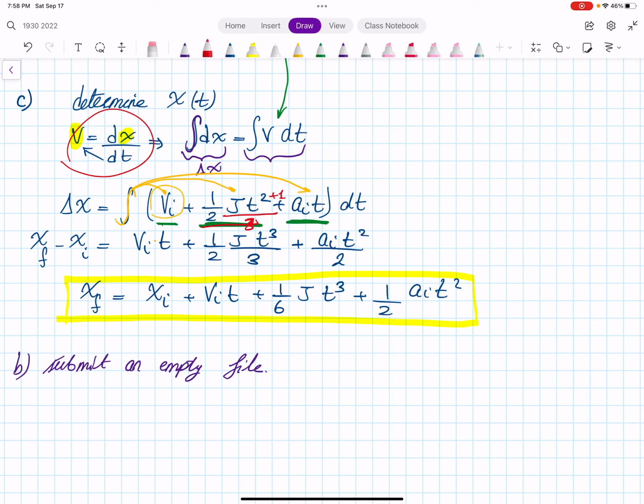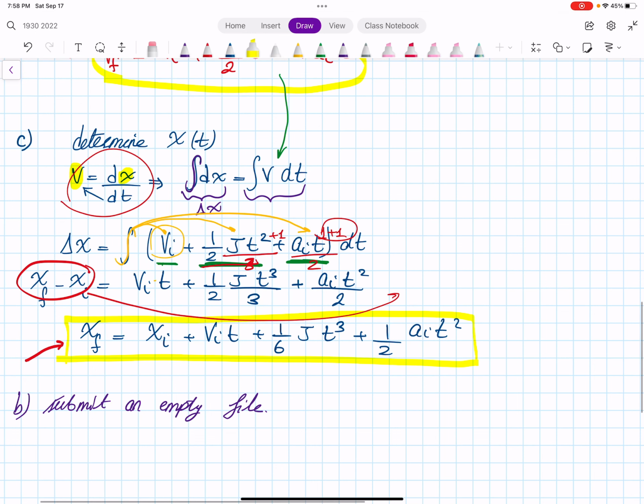So you have jt cubed divided by 3. Plus, how do you integrate a sub I t? t raised to the first power plus 1 divided by 2. 1 plus 1 is going to give you 2. Clean up everything. On the left side, you have x sub f minus x sub I. Move the x sub I to the other side of the equation, and you get the idea. This is your final equation for the position.